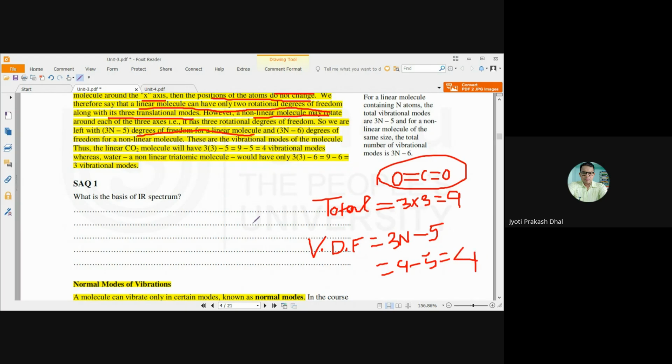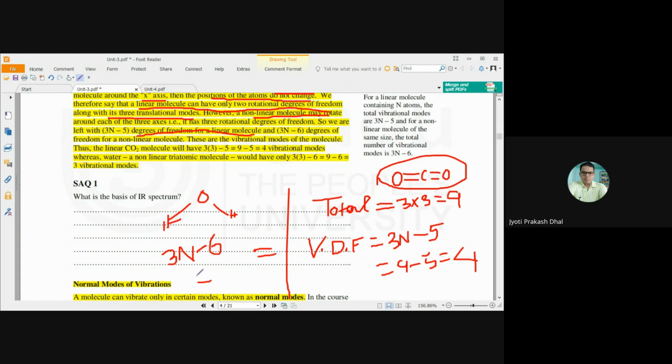Now, consider the water molecule. We know that water is non-linear in nature, that is angular or V-shaped, and hence the total number of vibrational degrees of freedom equals 3n minus 6.